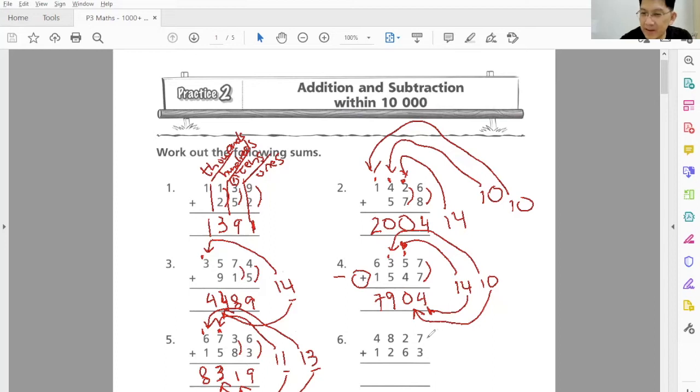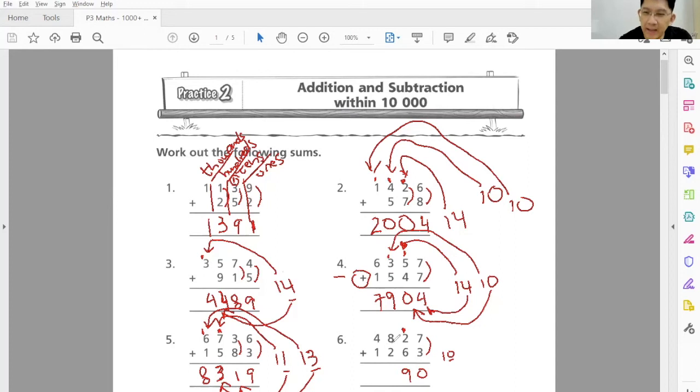So as usual, we're starting on the right-hand side. 7 plus 3 is 10. Okay, 10. So the first digit goes here, and the second digit goes to the next group, remember? Okay, now 2 plus 6 is 8. 8 plus 1 is 9.